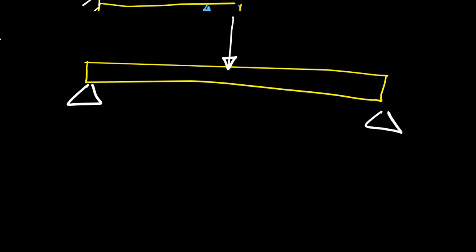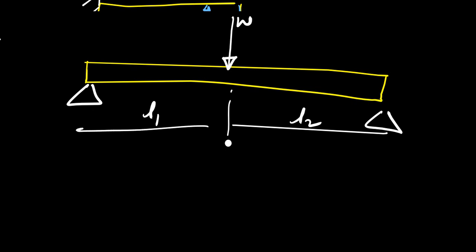Let us say the load is applied at the middle, and here it is L1 and it is L2. From here to here will be length 1, and this will be L2. So how do we discretize this element?